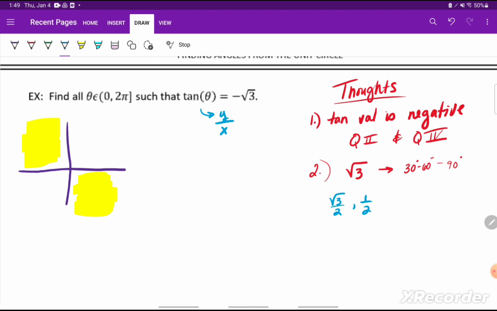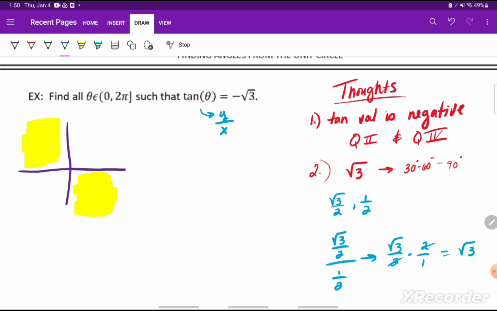And I just play with it and see. So, all right, if I do square root of 3 over 2 divided by 1 half, that's the same as square root of 3 over 2 times 2 over 1, cancel, cancel, square root of 3.